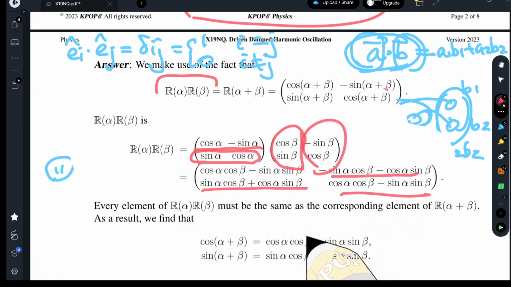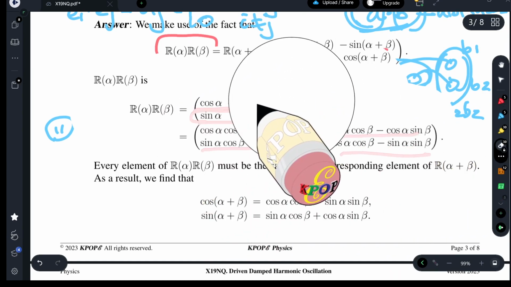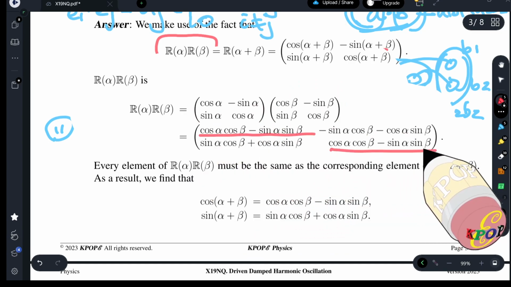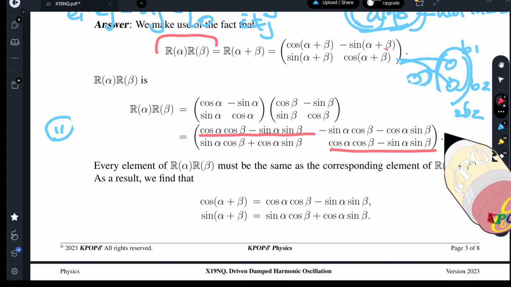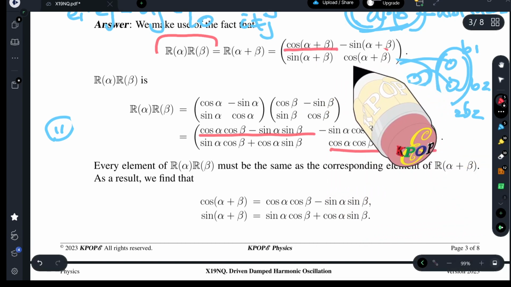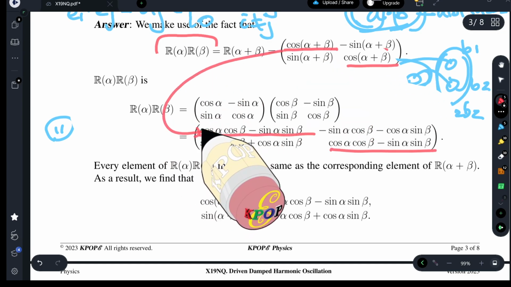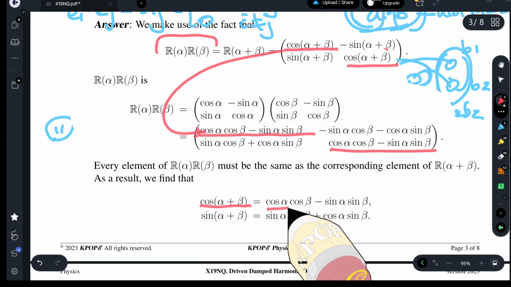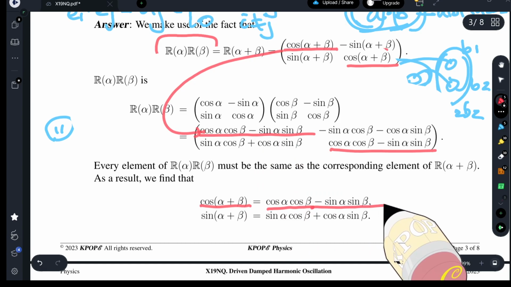If you investigate the structure, this one and this one, they are the same. Just like this one and this one. So I can find the relation: cosine of alpha plus beta is cosine alpha cosine beta minus sine alpha sine beta.